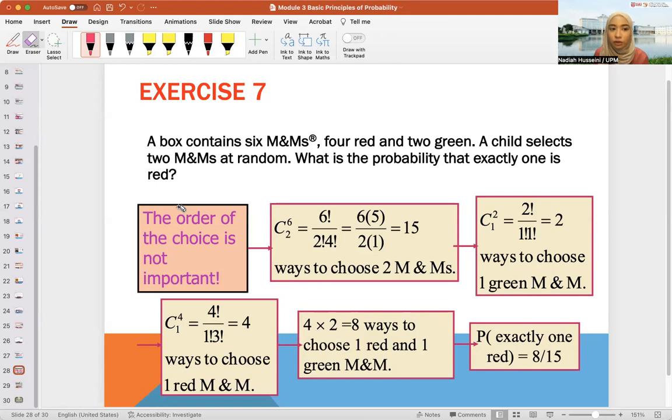So why is the order not important? Because the child selects M&Ms at random. Okay, any other answers apart from that?